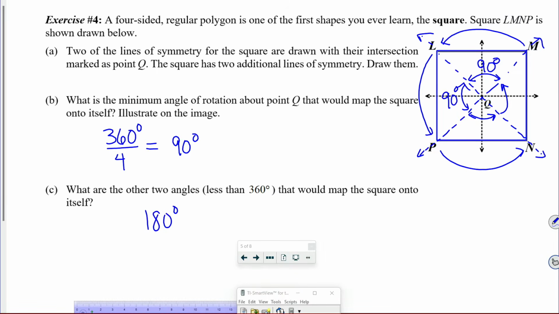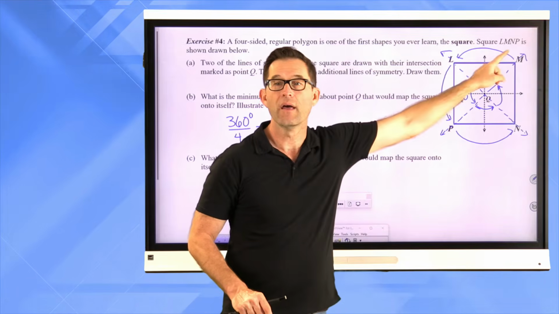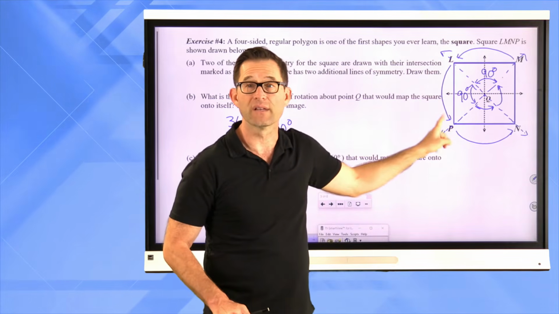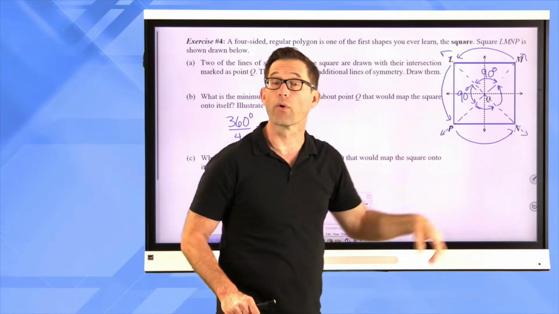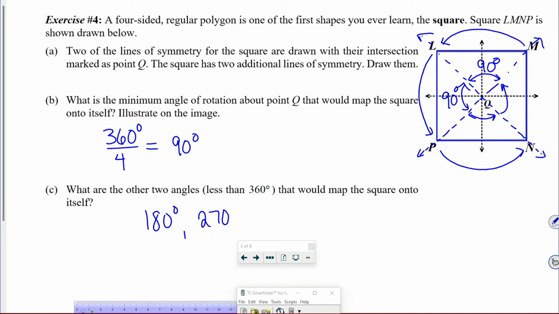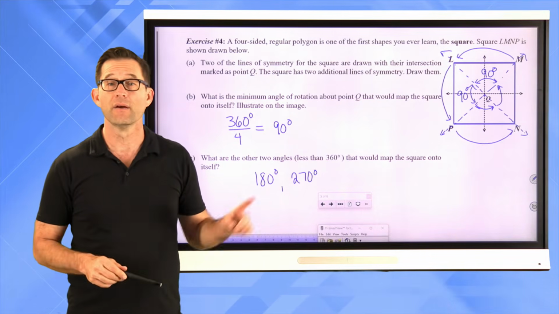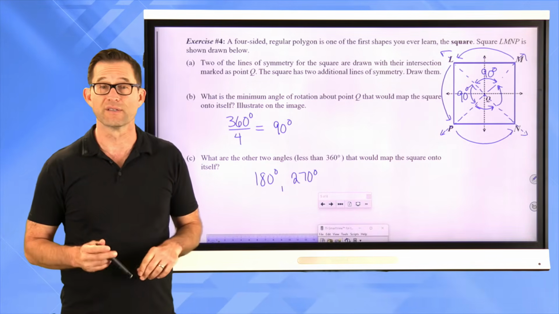Then what would it take to map point M all the way to point N? That would be a 90-degree plus 90-degree plus 90-degree, or 3 times 90, which would be a 270-degree rotation. If I did it 4 times, then of course I'd get 4 times 90, which would then be 360 degrees.